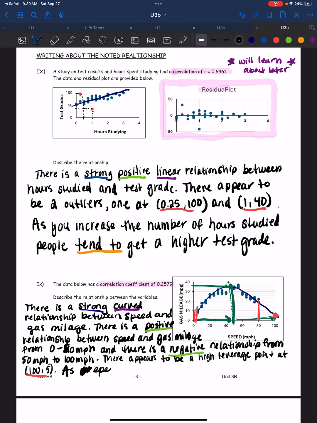As speed increases up to 50 miles per hour, gas mileage, I keep spelling mileage wrong, but it's fine, tends to also increase.